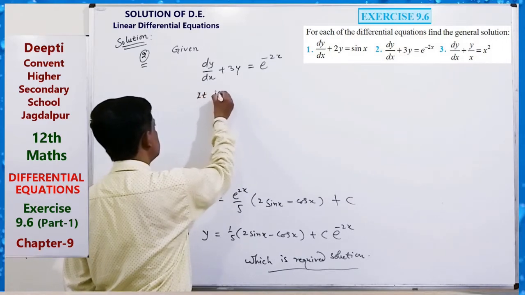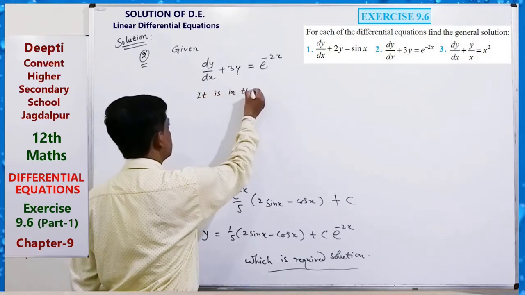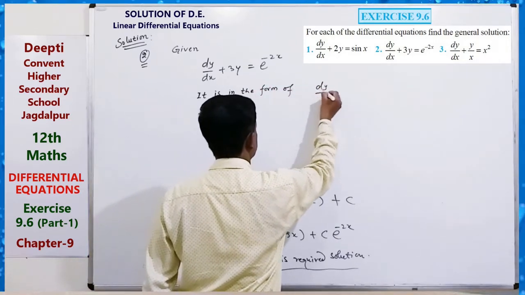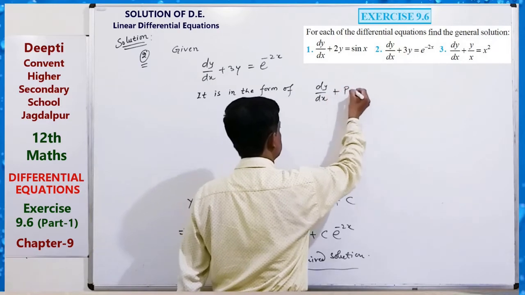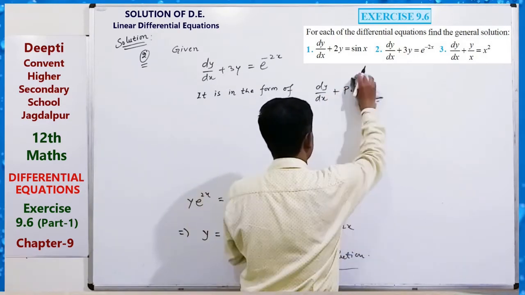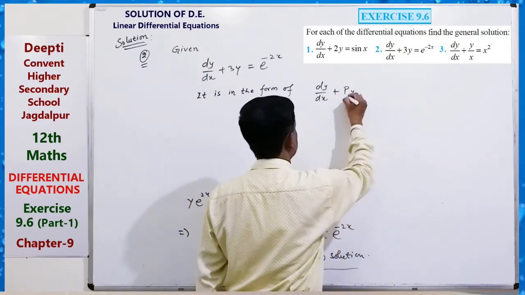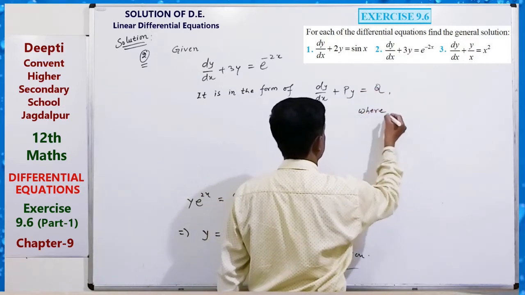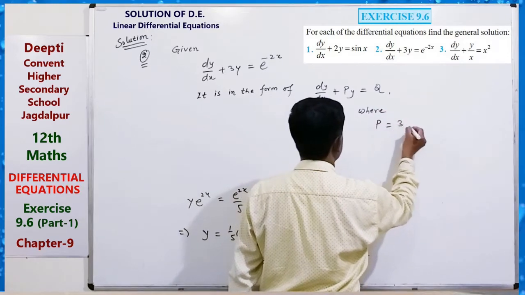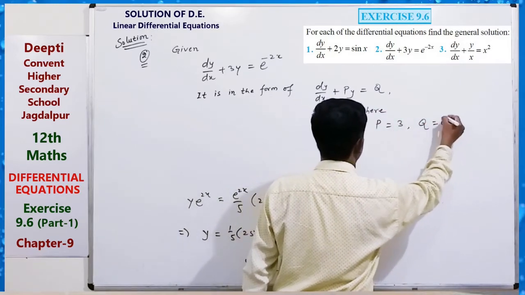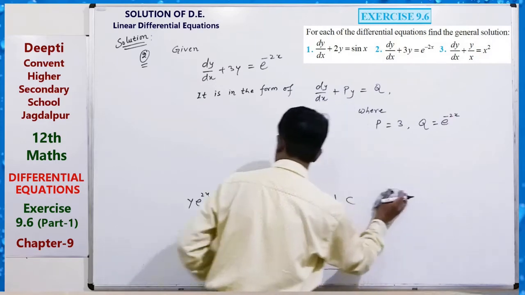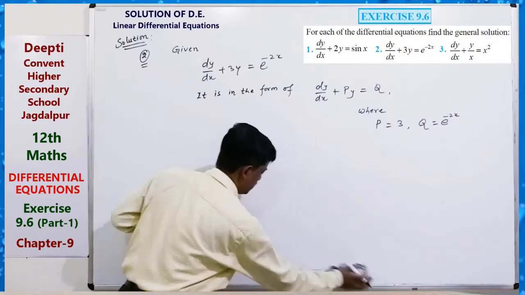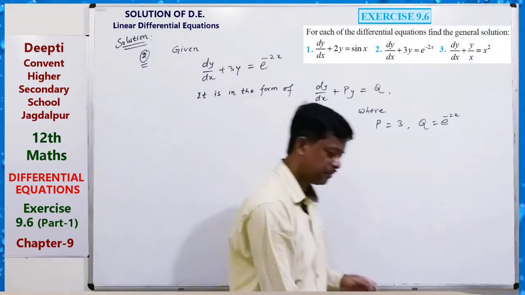It is in the form of dy upon dx plus P y equals to Q, where P equals 3 and Q equals e to the power minus 2x. Clear? So the same type of equation, the same type of method will be applied here.